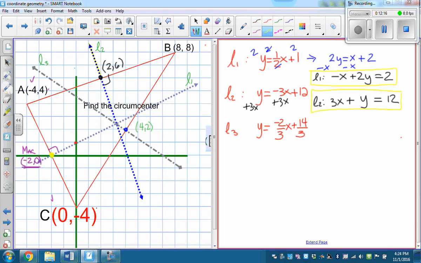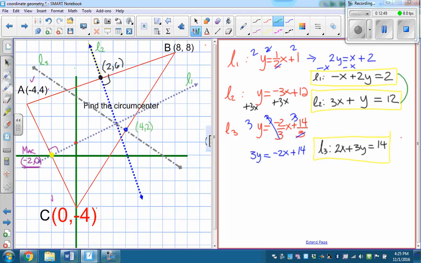And for L3, I'd have to multiply by 3, and that's 3y equals negative 2x plus 14. So L3, if I rearrange, would be 2x plus 3y equals 14. And I am going to use these two to solve a system.